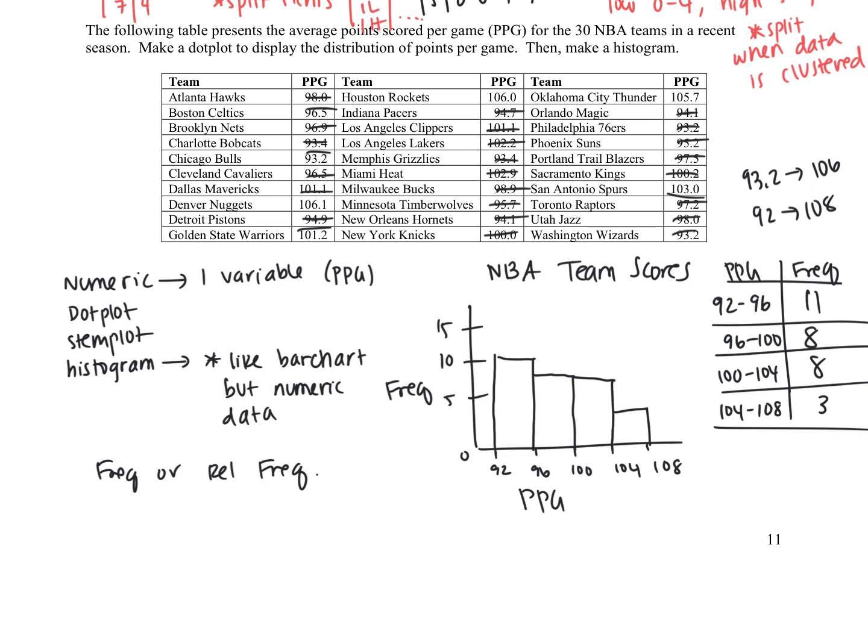The spread, I would say, the spread is from 93 to 106 points. What else did we say though? Hopefully where most of the data falls. So 93 to 106 with most of the data between 93 and 102. And then there's nothing unusual.